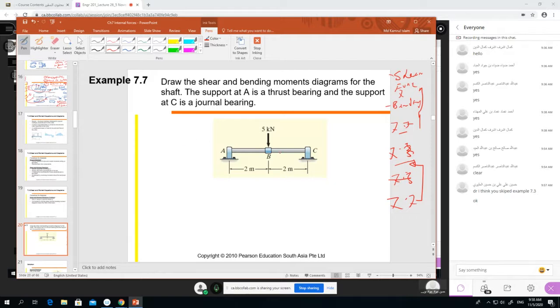Now you see what I tell you. Hussain Ali, tell me what is the reaction force at A? RAV, what is the RAV and what is the RCV, if there is a 5 kilonewton force? Tell me please. Anyone?